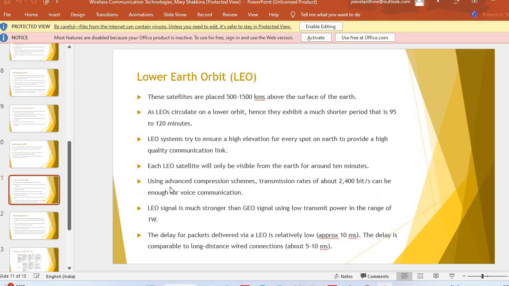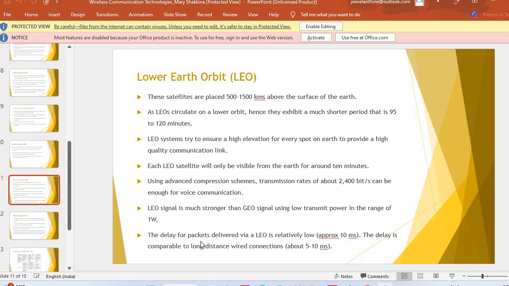LEO signal is much stronger than GEO signal, using low transmit power in the range of 1 watt. Since the distance from the Earth to the LEO satellites is very low, that is only 500 to 1500 kilometers, the transmit power is also less. 1 watt is enough to transmit power.